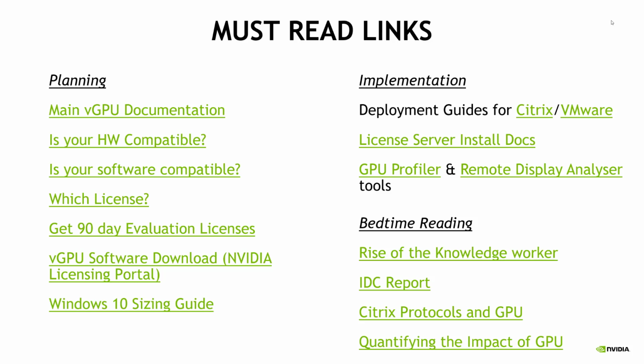There are also deployment guides on the right-hand side for Citrix and VMware installations, which are step-by-step documentation. There's information on the license server there as well, how to set that up. I've also done a video on that, so I'll give you the link below to show you a step-by-step guide of me installing the license server, so you can get it up and running really quickly.